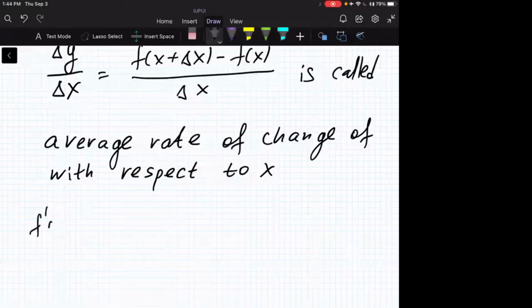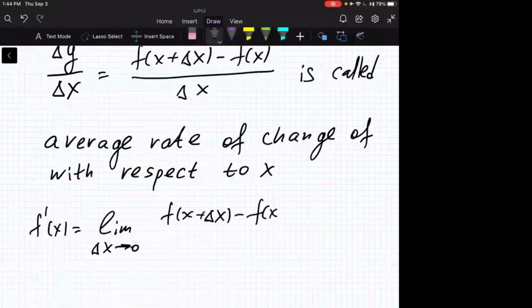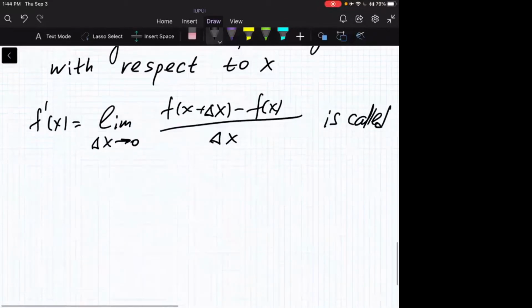While f prime of x, which is the same stuff, but with the limit when delta x goes to 0, is called the instantaneous rate of change.